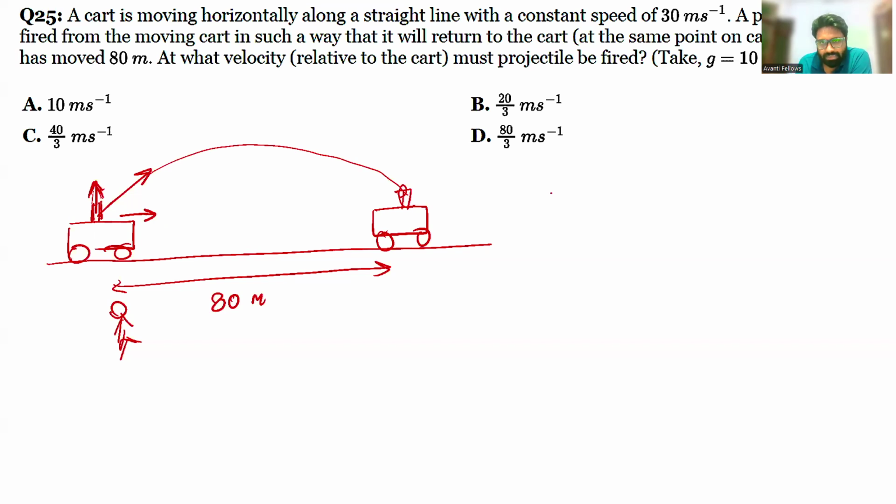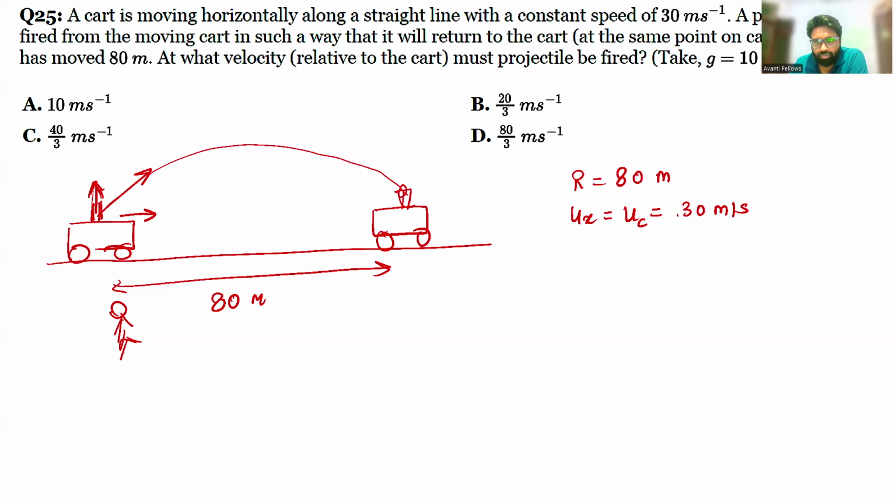Now, the distance covered by the cart is, let's say, 80 meter, which is given in the question also. And the horizontal component of the projectile motion, same as the velocity of the cart, 30 meter per second, is given to us.